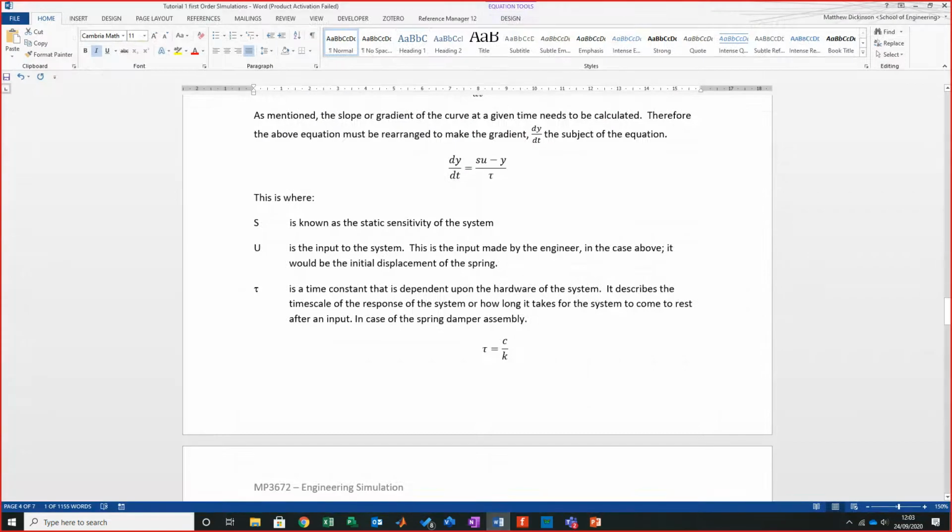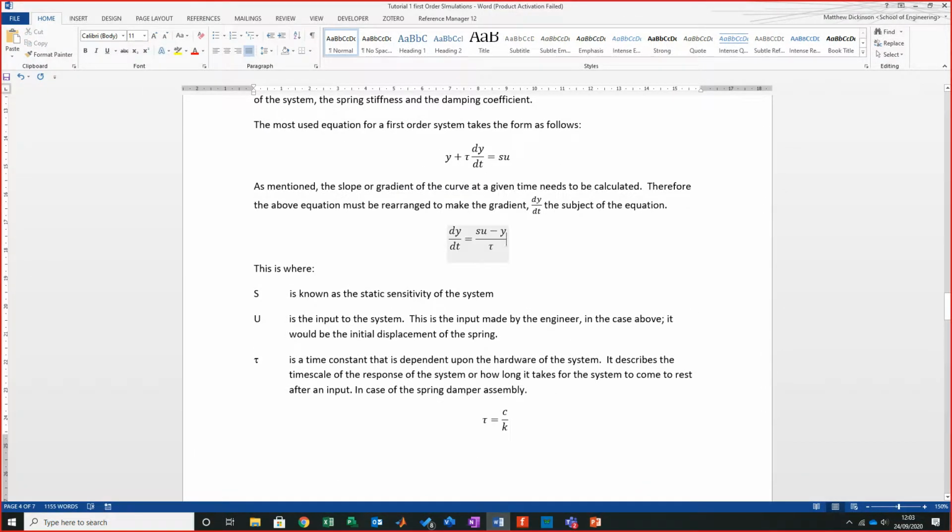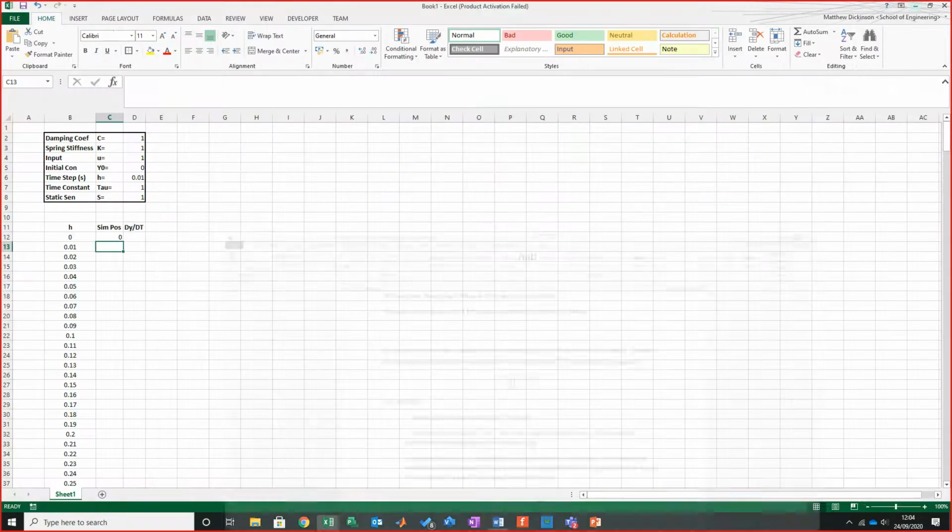In the second step, for my dy by dt, we're going dy by dt is equal to the static sensitivity multiplied by the initial input minus our initial condition of y, all divided by tau. So as set out, it is dead straightforward to get used to and dead easy to do. Oh, apologies.